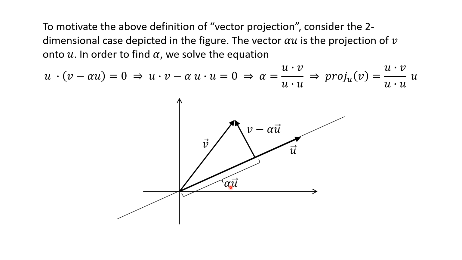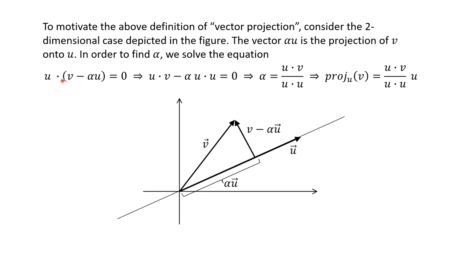And this perpendicular line is v minus alpha times u. So what we want is the dot product of u with v minus alpha times u equal to 0, because we want these two to be perpendicular. And this expression is the same as this, because you can distribute the dot product.